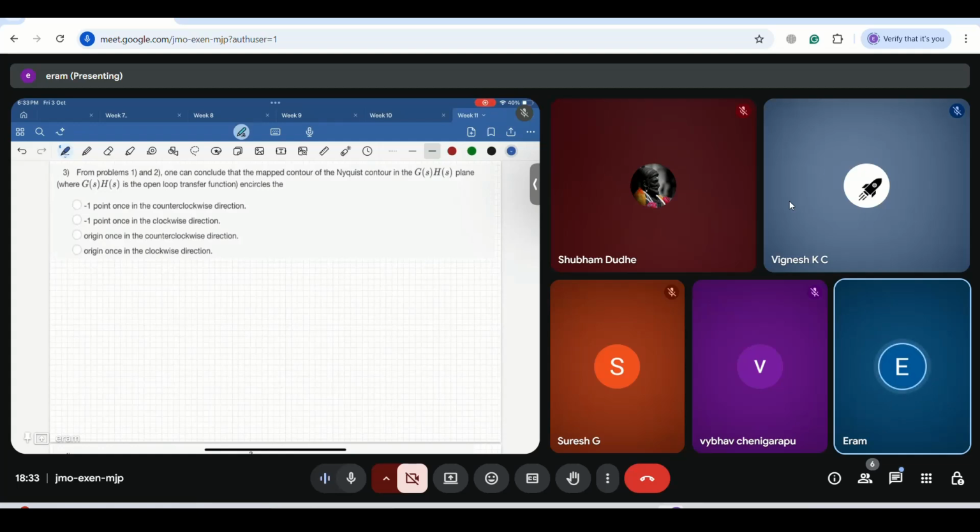So if there is encirclement, it will be around the minus 1 point. So the last two options are not valid options because we are considering the GSHS plane. Okay.